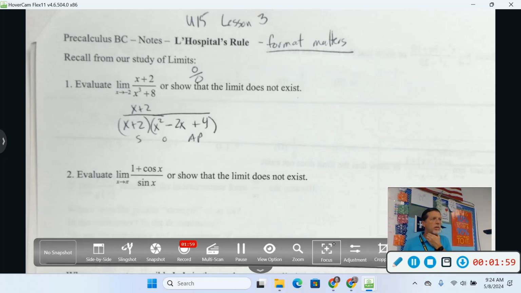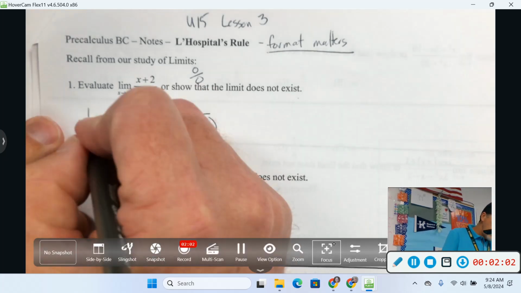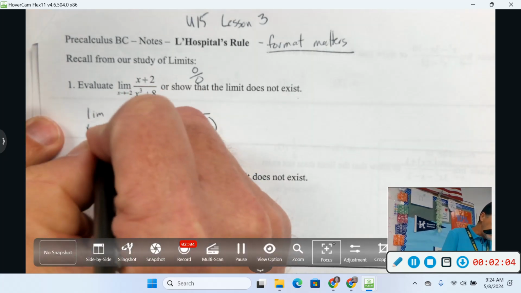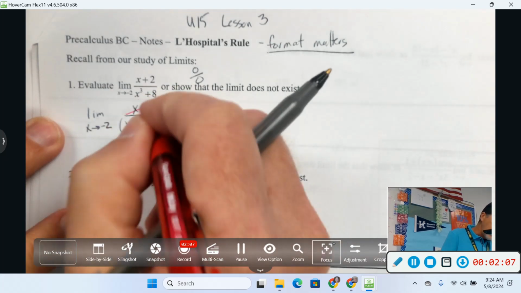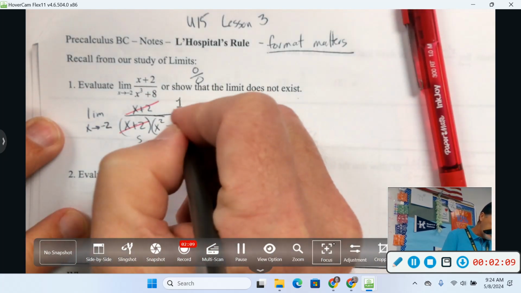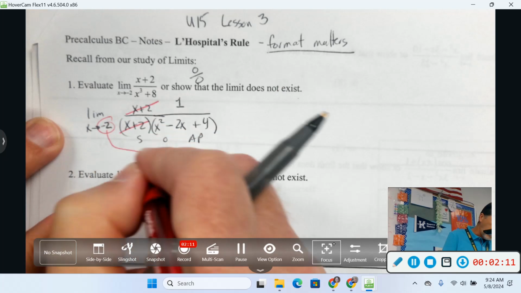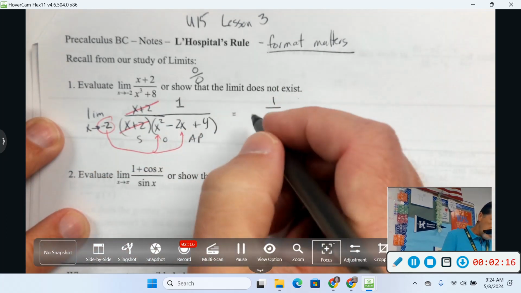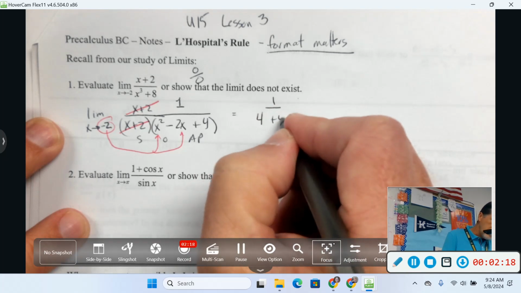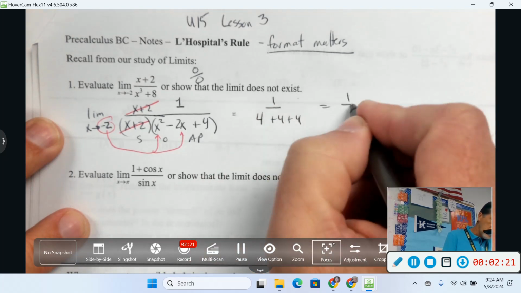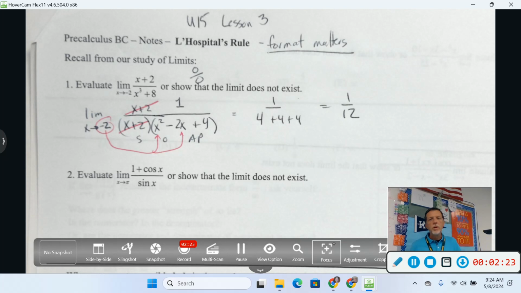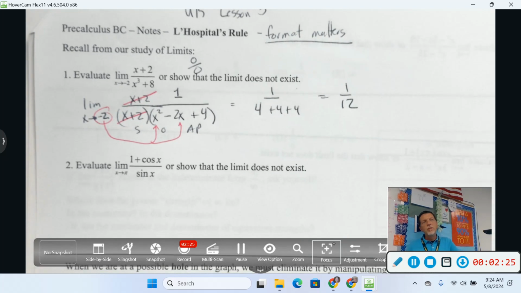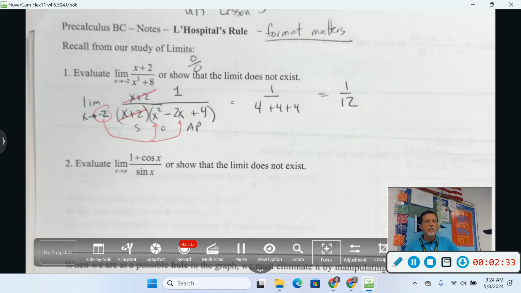Factoring a cube. The reason we did that is the x plus 2's will cancel. And now we can try substitution again. So 1 over 4 plus 4 plus 4, also known as 1/12. Okay, so we did that limit with an algebra method, factoring.